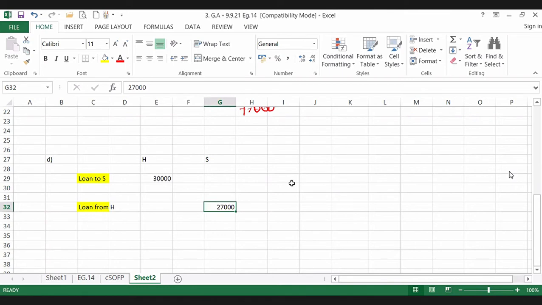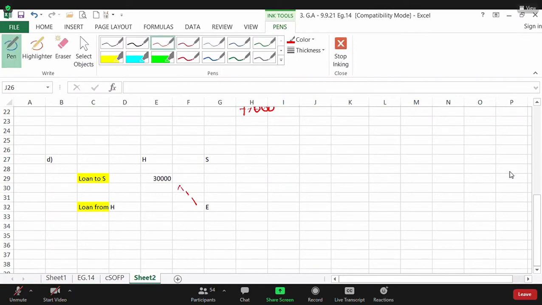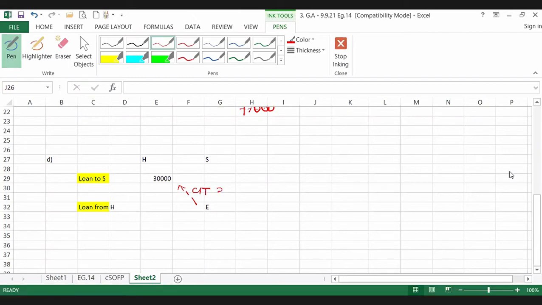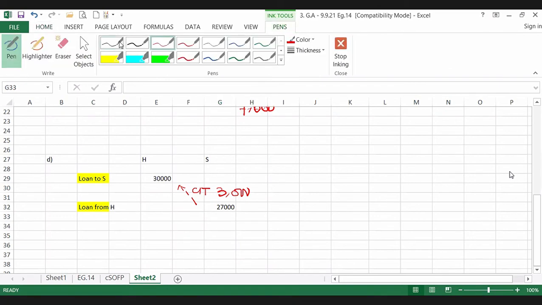He mentioned that S records 27,000 because H already made cash in transit, CIT, of about 3,000. Originally both entities had 30, but S made a payment of 3.